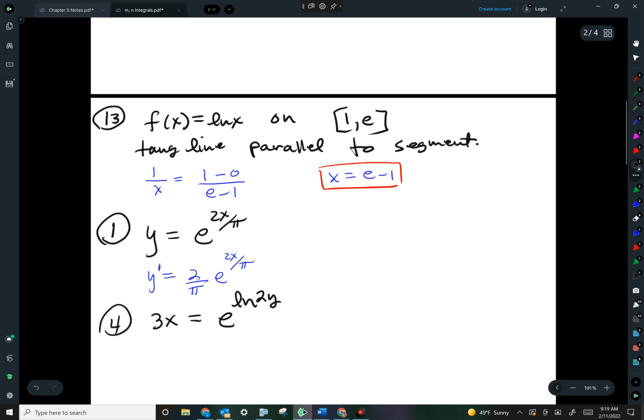Find dy dx. Find dy dx. e to the natural log of 2y.